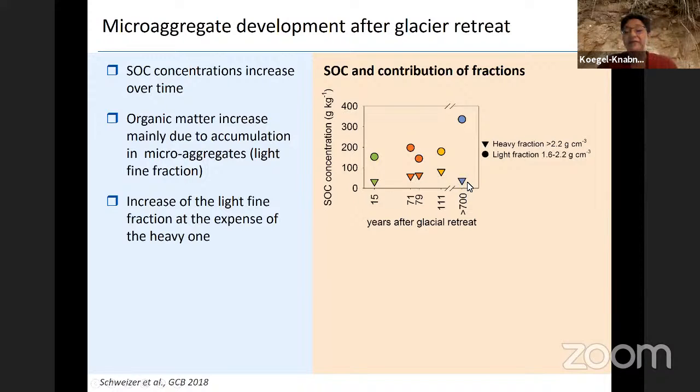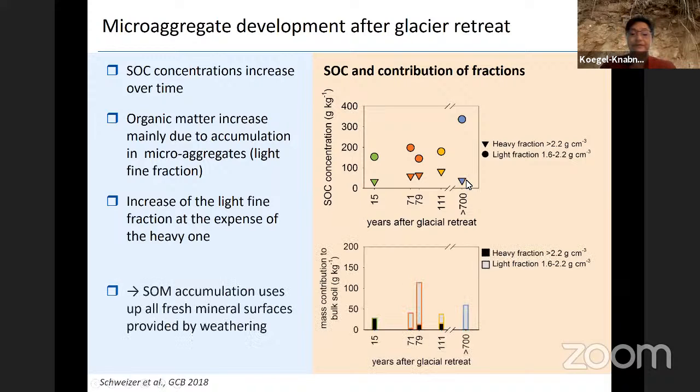And in the mature soils, this is quite low then. And you see the mass contribution to bulk soil. So we really see that most of it goes to the light fraction. This means the SOM accumulation uses up these freshly produced mineral surfaces that are provided during weathering.